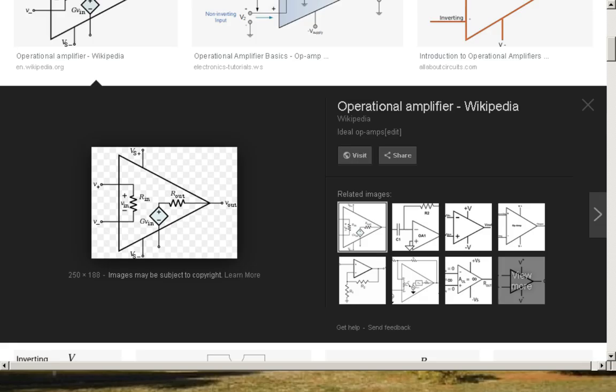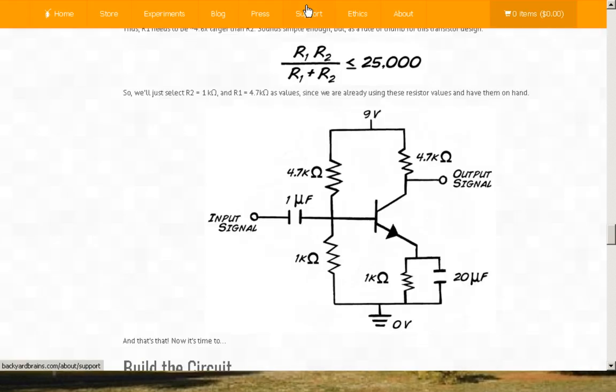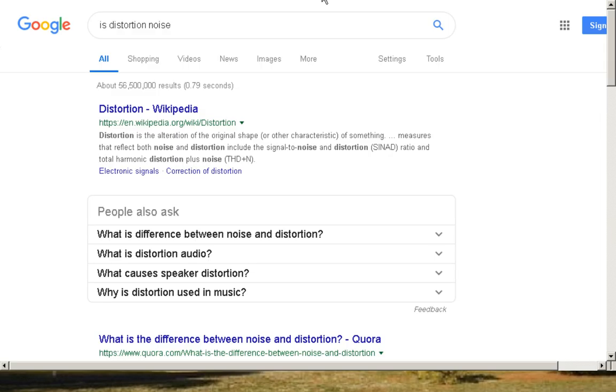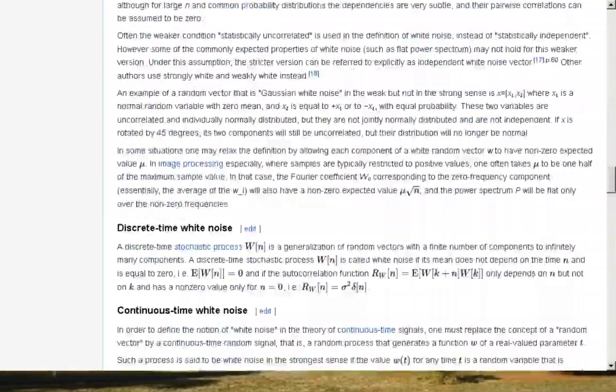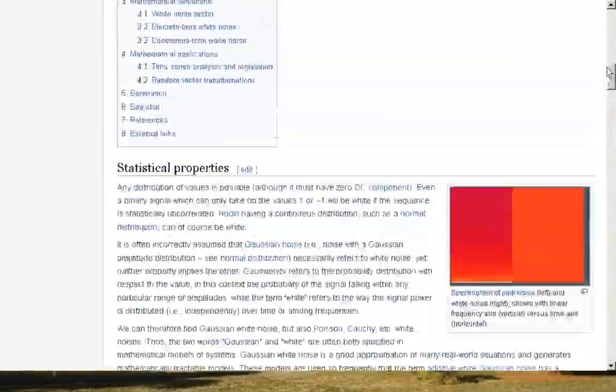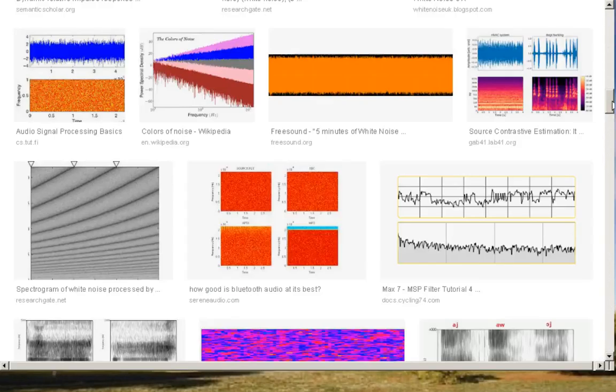You get into op amps, comparators, transistor circuits, distortion. We're talking about noise. Color of noise. Noise has a temperature.